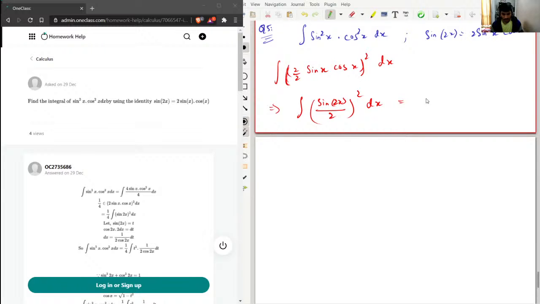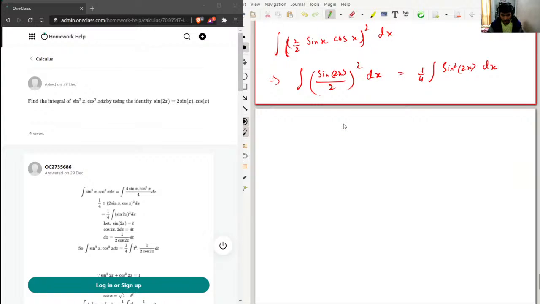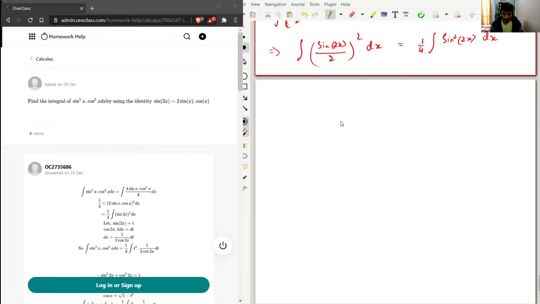So this will become, I'll just take this 2 outside, so this will become 1 over 4 sine square 2x dx.